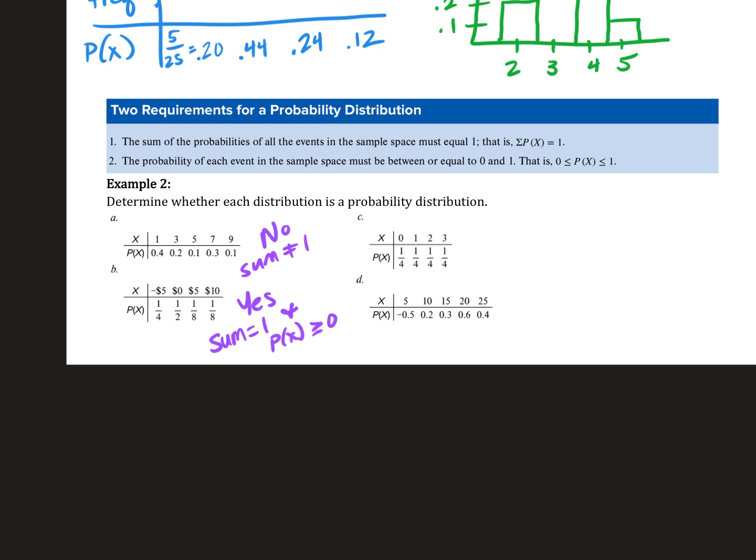How about letter C? Yes, and again, same reasoning as my explanation for letter B. And then how about D? No, because why? There's a negative. No, and say P of X can't be negative.